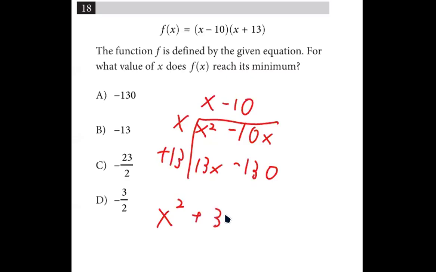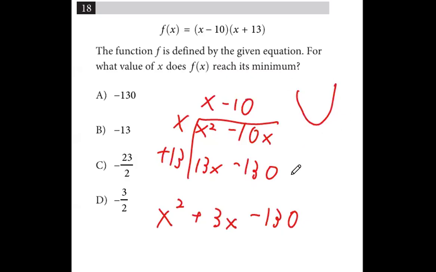plus 3x minus 130. And then we know that since the x squared is positive, the graph opens upward and reaches a minimum value at its vertex, so like this.